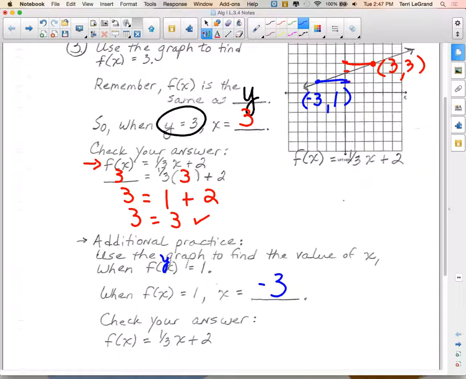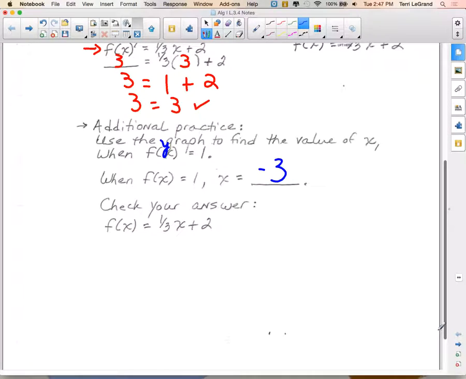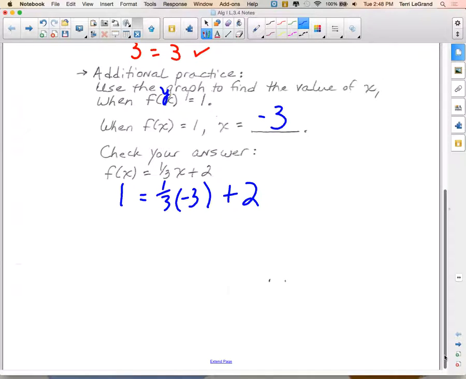Okay. So then we take our y equals 1, x equals -3, and put it into our function and see if it checks out. So 1 is 1. A positive times a negative is a negative, and 1/3 of 3 is 1, okay?